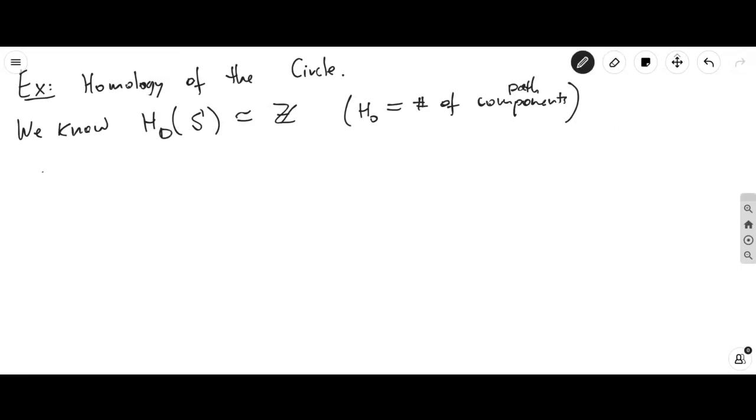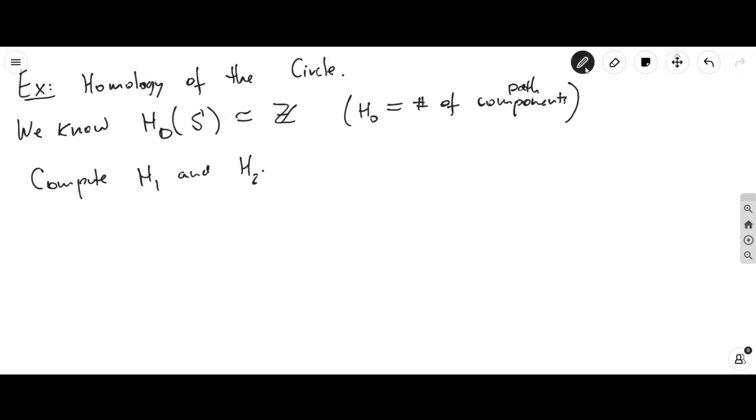What we're going to do is compute H1 and H2. We're not going to compute H3 because when you reach H3 and beyond, it becomes a little bit too trivial. It's not very interesting. You will actually have a problem on the homework for computing homology of spheres, and you'll get to play around with this.